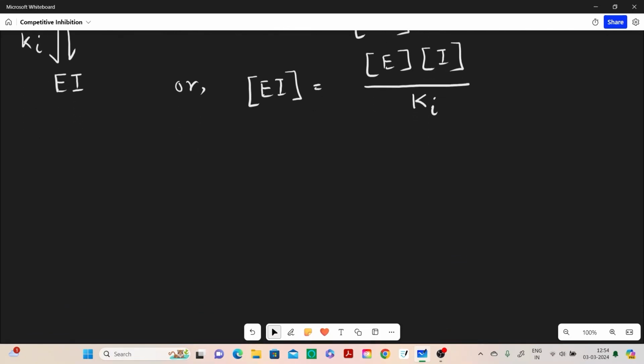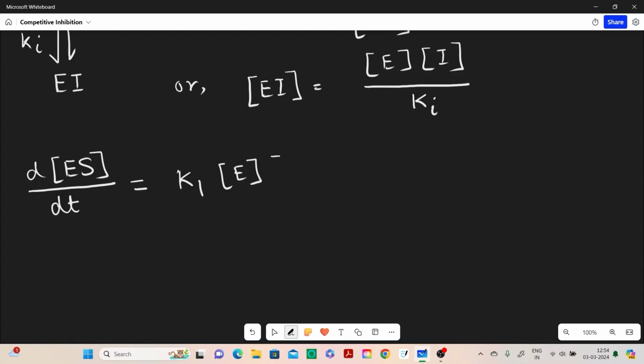By the steady state approximation, which I described in my previous video, we can write down the rate of change in the concentration of the enzyme substrate complex, which will ultimately form the product, as K1 multiplied by the amount of free enzyme and the amount of substrate, minus K minus 1 times the concentration of enzyme substrate complex, minus K2 times the concentration of enzyme substrate complex.